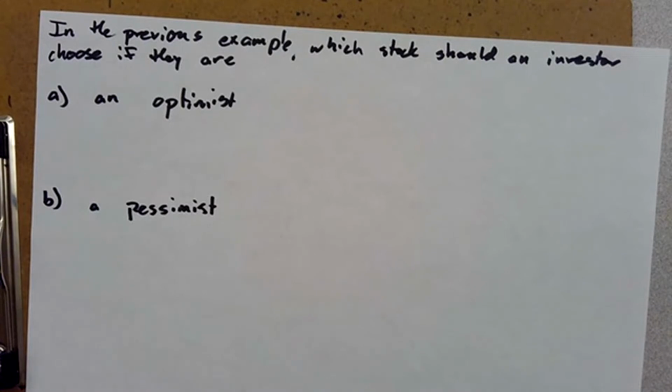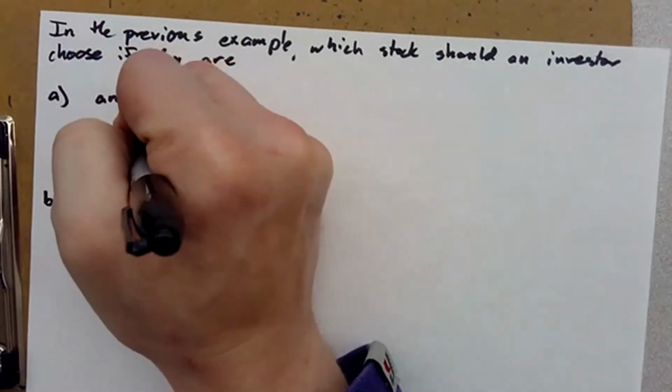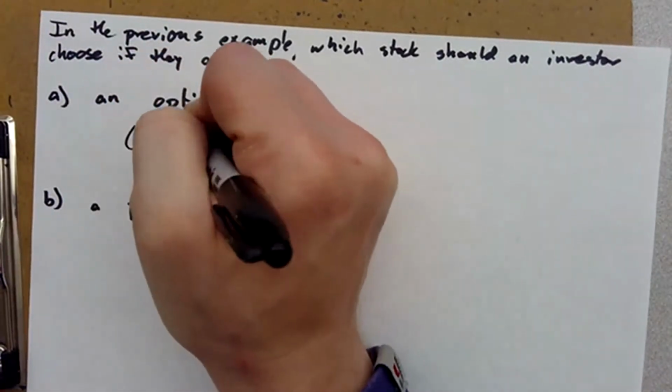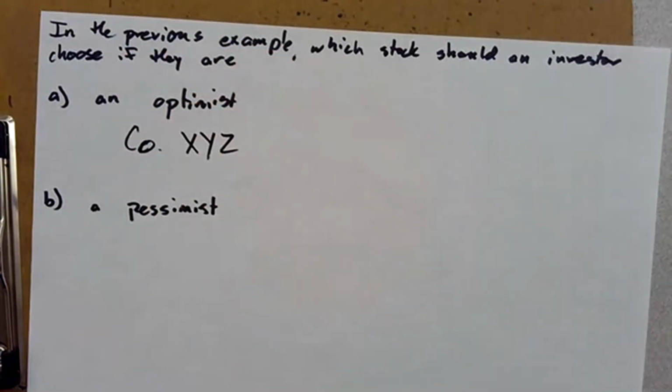Well, an optimist focuses only on the best outcome, and the best outcome was getting $2,000 for company XYZ. A pessimist focuses on the least of the worst outcomes. The least of the worst outcomes was getting $500 investing in company RST.